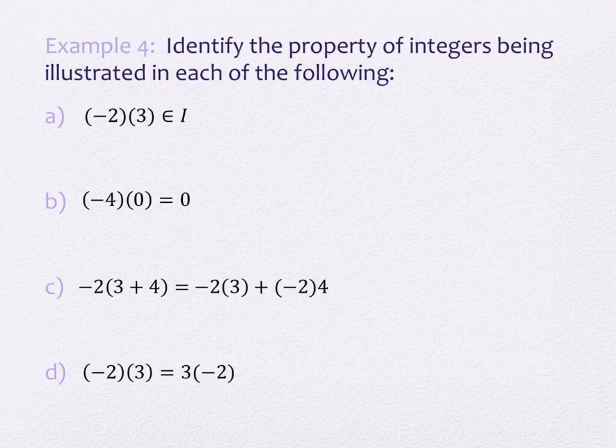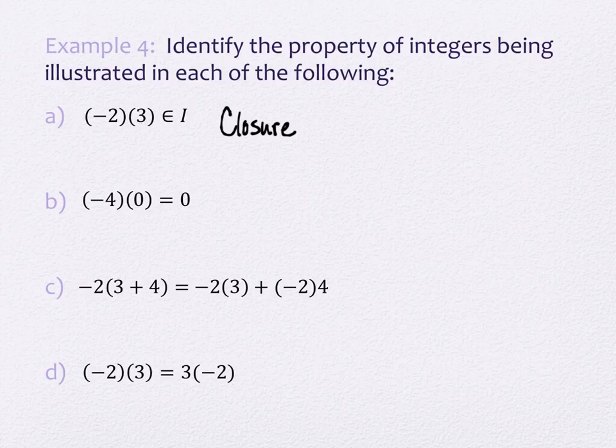Okay, let's make sure that we all have the same thing. So what property do you believe is at play in number A, letter A? Closure? Yeah, that's the closure property. It's written a little differently than I wrote the phrasing out. But if you'll remember, this symbol means is an element of. Do you guys remember that? Yeah, it's going to come back up. And we're letting I represent the integers. So it's an element of the integers when it multiplies 2 values together. So yes, indeed, it's the closure property.